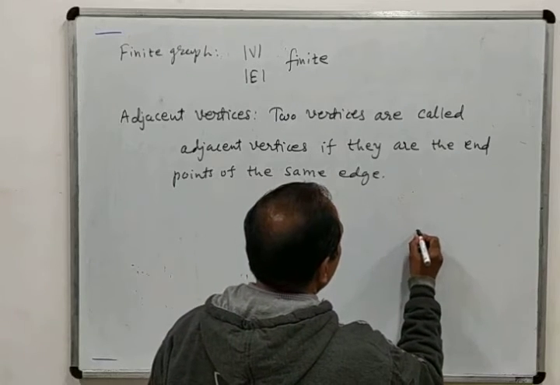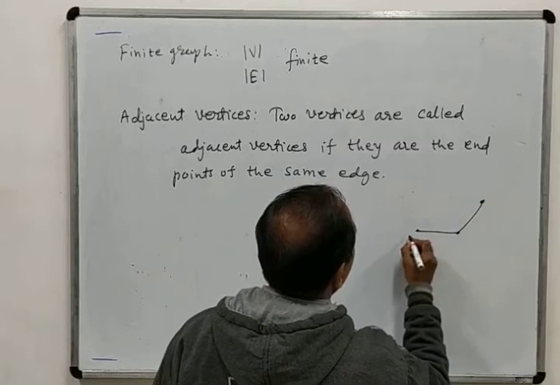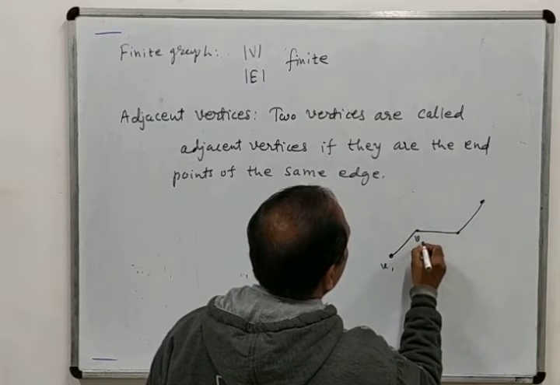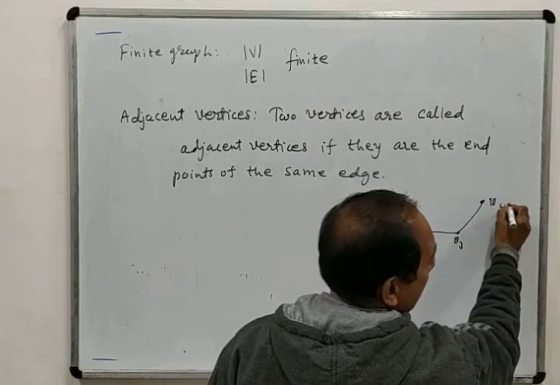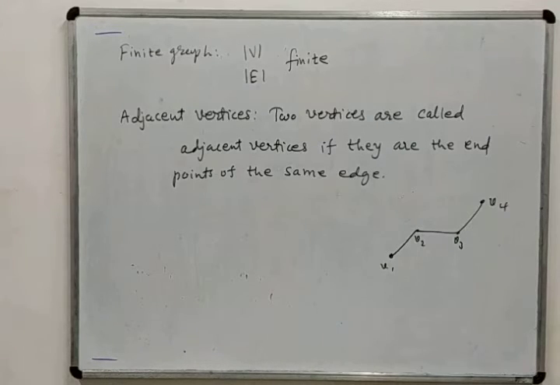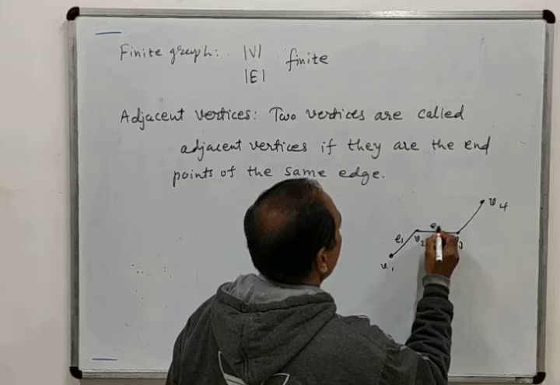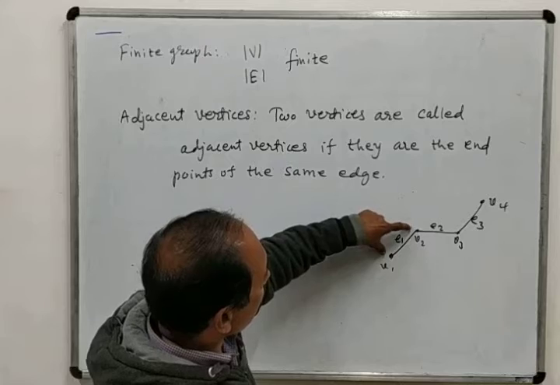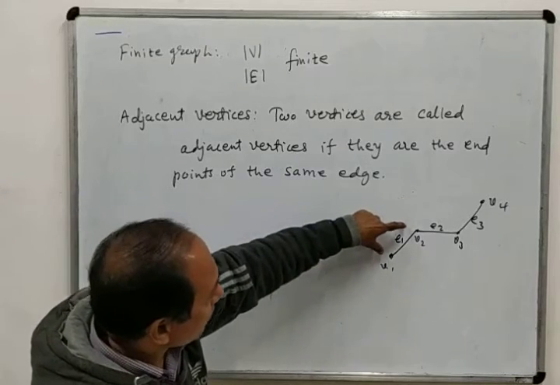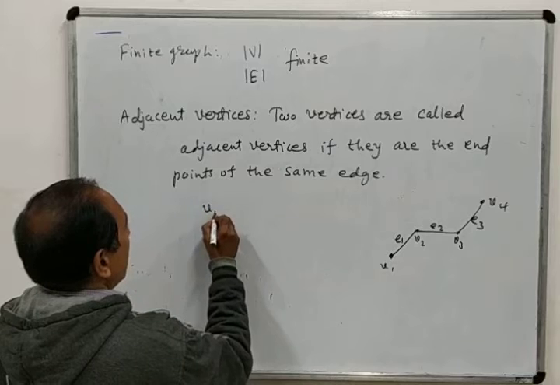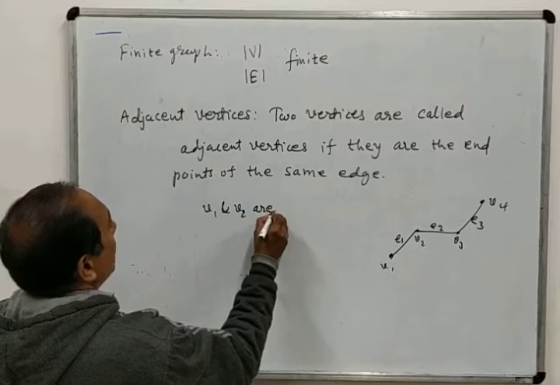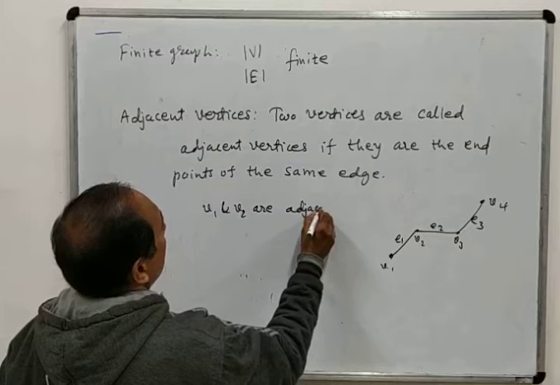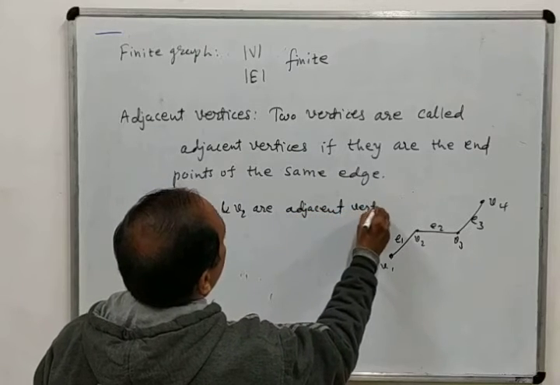Suppose we have a graph like this, with V1, V2, V3, V4. Here we can see four vertices. If we talk about V1 and V2, we can say that V1 and V2 are adjacent vertices because they are the terminal vertices of the same edge.